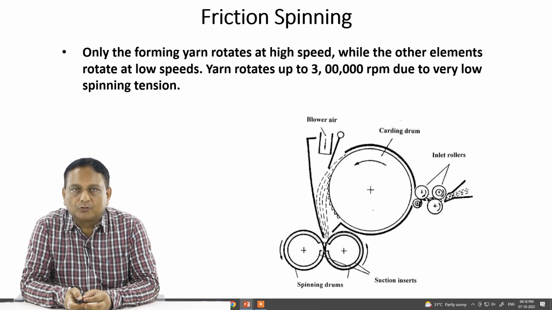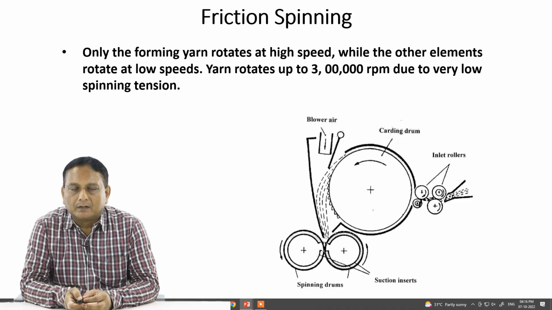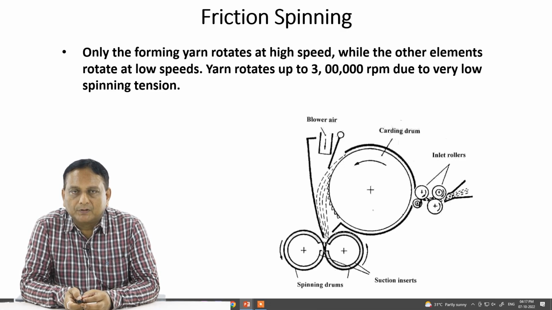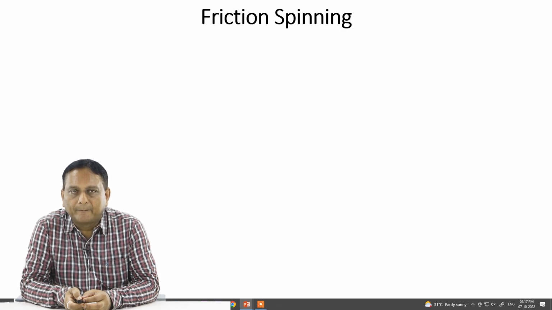Only the forming yarn rotates at high speed, while the other elements rotate at low speeds, and the yarn rotates up to 3 lakh RPM due to very low spinning tensions. So that is the unique thing about friction spinning, rotation of the yarn at 3 lakh RPM, because spinning tension is not there.